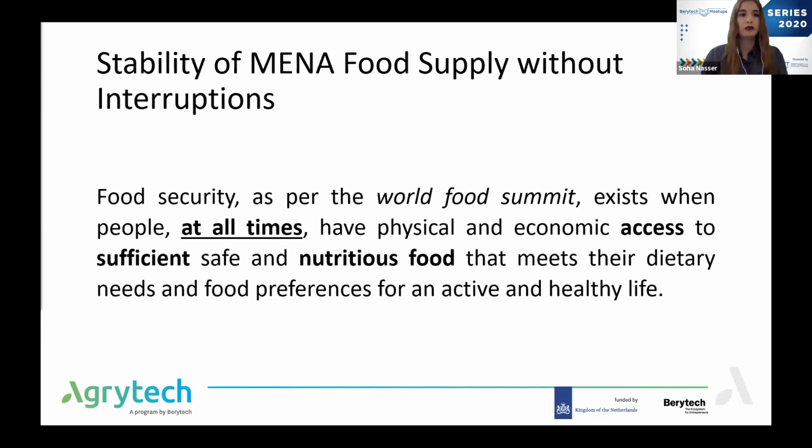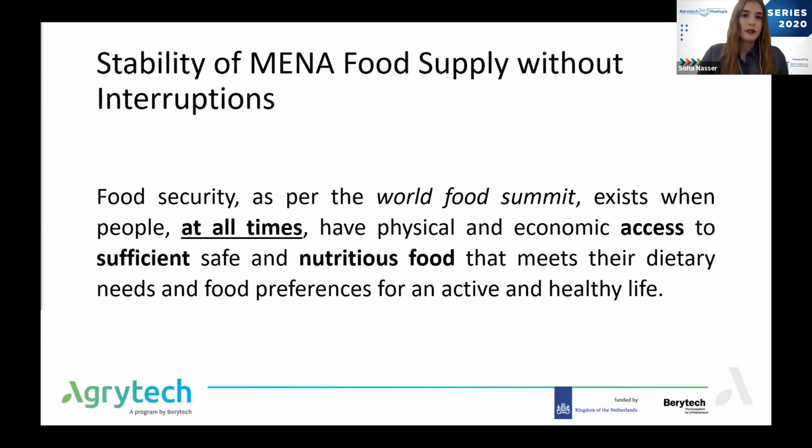So allow me to define first, what is food security? Food security, as per the World Food Summit, exists when people at all times have physical and economic access to sufficient, safe, and nutritious food that meets their dietary needs and food preferences for an active and healthy life.